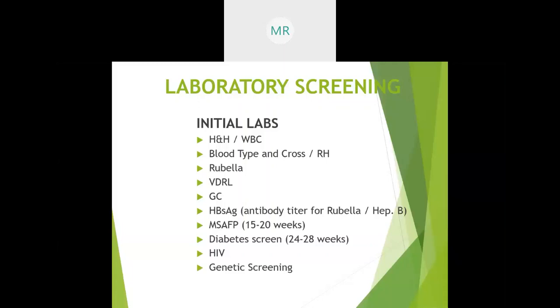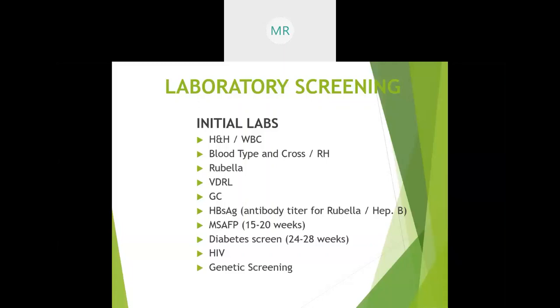From Jewish descent, we do Tay-Sachs disease. If they're of Mediterranean ancestry, we do thalassemia. So depending on if those questions come back positive, then we'll do some genetic screening.